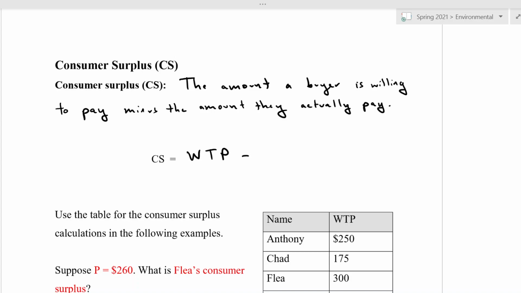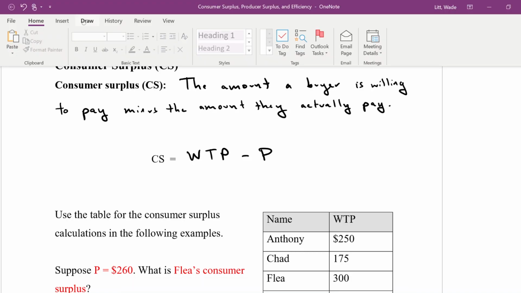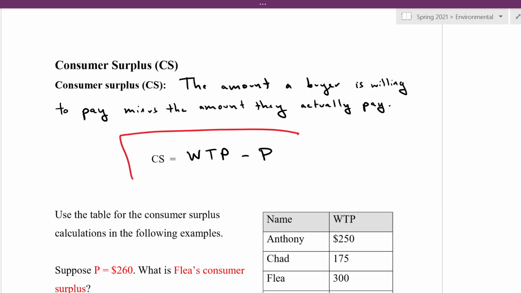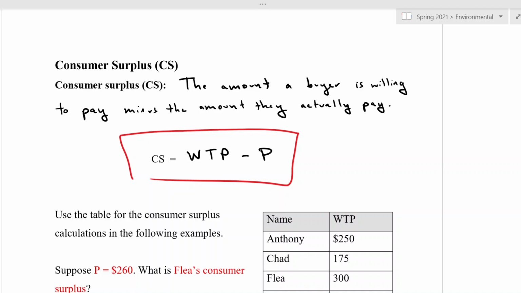Pause for a minute and try to think about what is the amount somebody actually pays. That is the price, and that gives us our first important formula for this section. Consumer surplus is willingness to pay minus price.